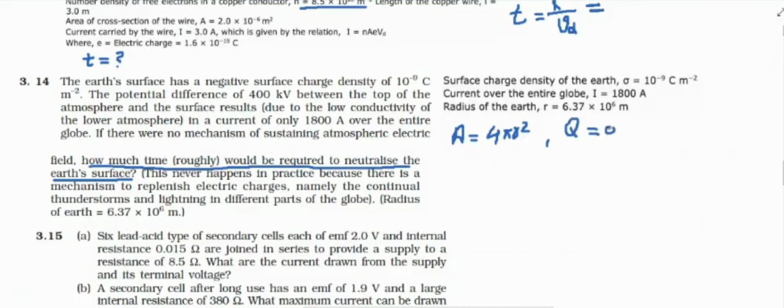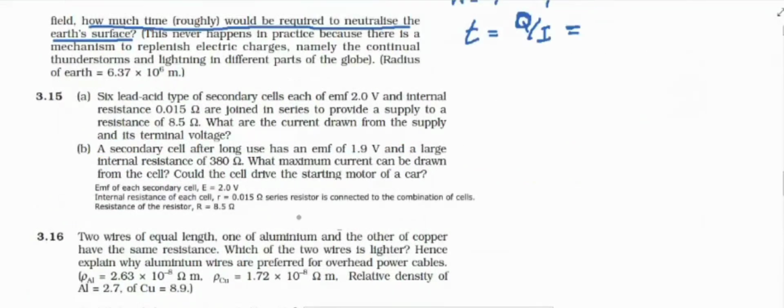Q is equal to sigma A. Then time you can calculate, time t is equal to charge divided by current. Current is given. So t is equal to Q by I will give you the answer. Now, question 15.